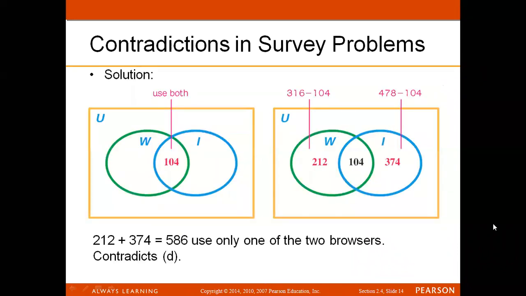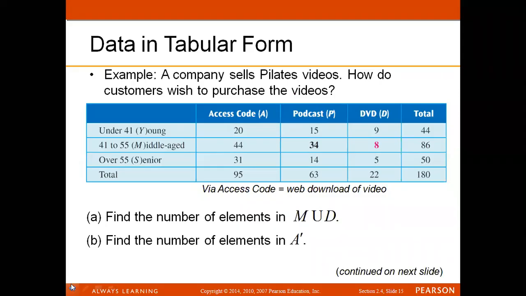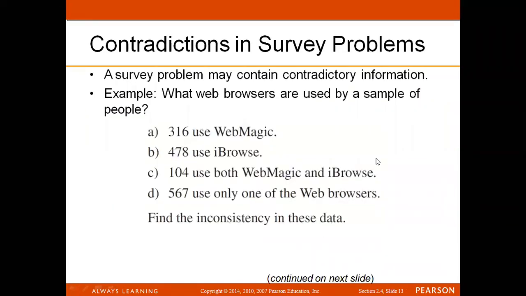So let's go back and solve it ourselves. All right, so let's take a look at this ourselves so we can really understand it. We see that we have 2 sets in our universal set.